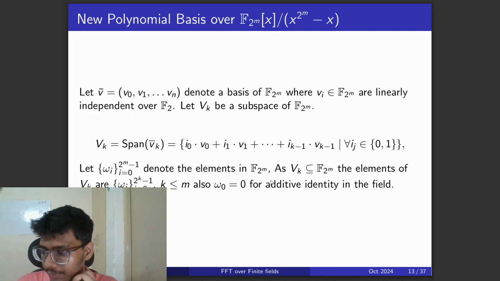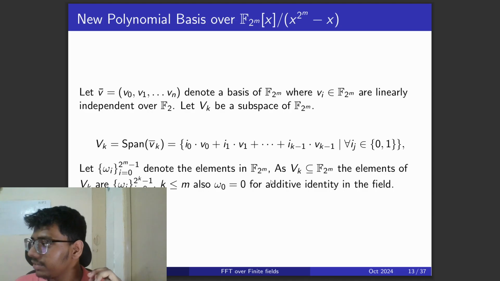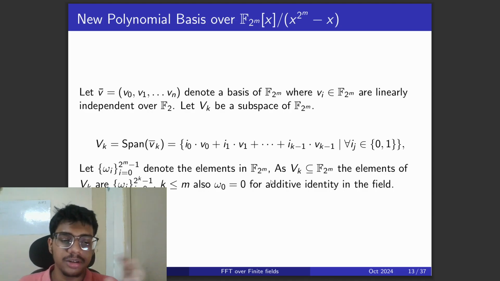So moving on, we have to define a new polynomial basis to compute a fast Fourier transform. So we will assign a new polynomial basis. We will take a vector in the basis of the finite field of dimension 2 to the power of m. Each element belongs to the finite field of dimension 2 to the power of m, which is linearly independent over the field of dimension 2.